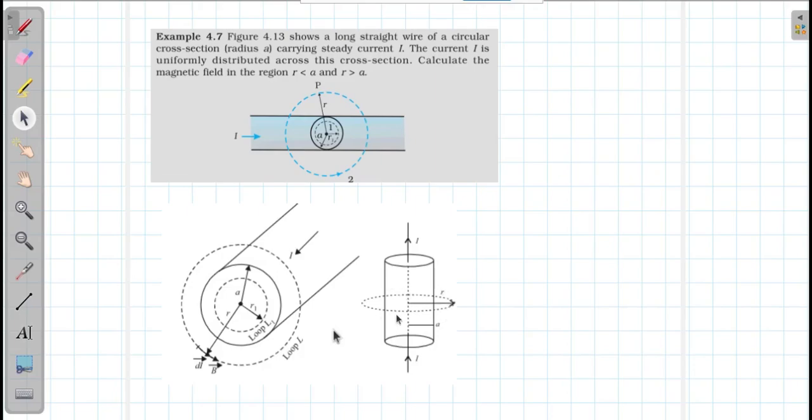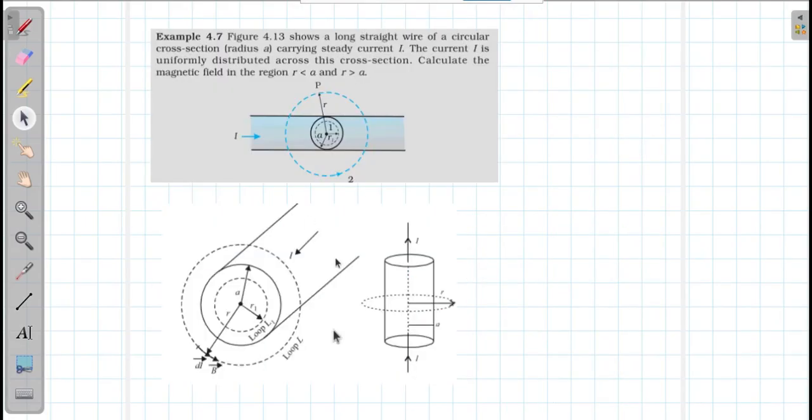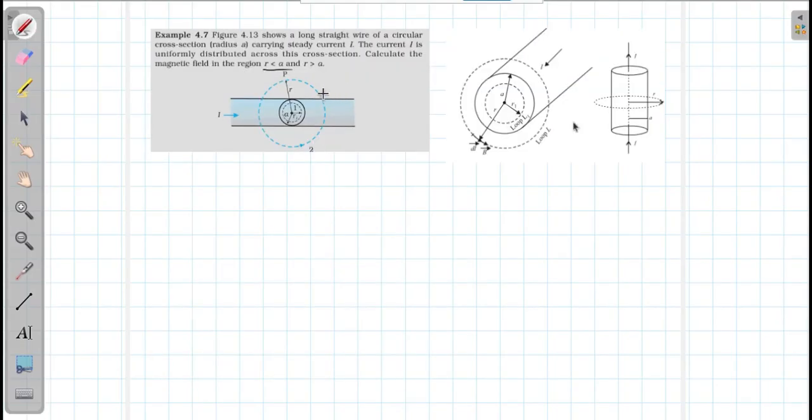We are going to find the magnetic field outside and inside. The two cases are given, so it is not similar to the previous case, where we had only one situation, measuring outside the conductor. Here we are going to measure inside also. Carefully see the question: r less than a, r greater than a.